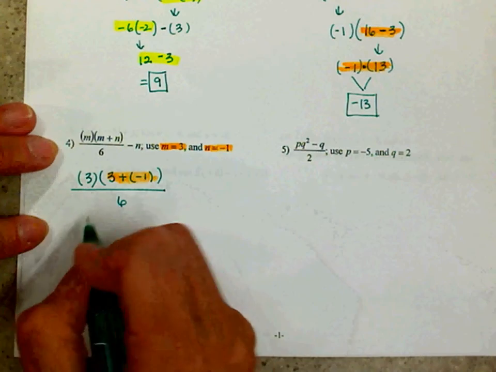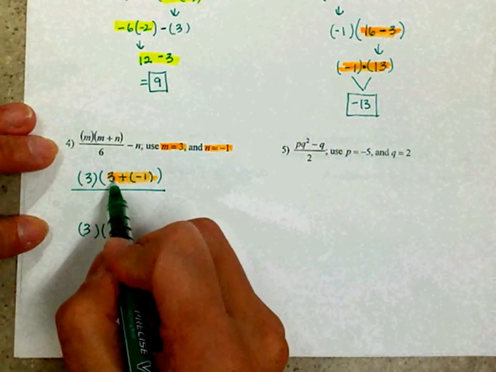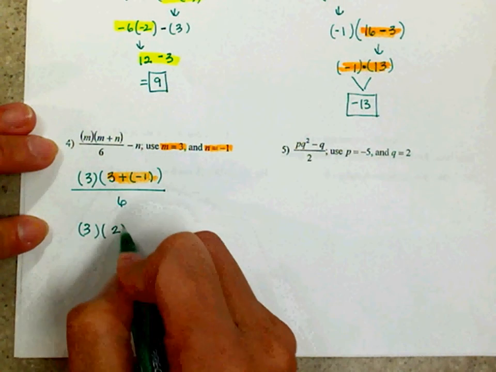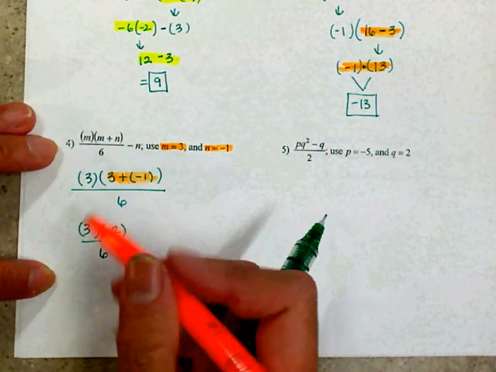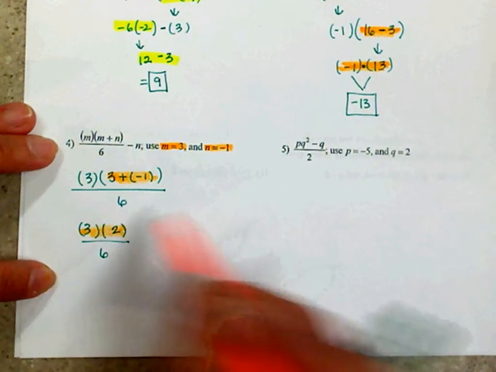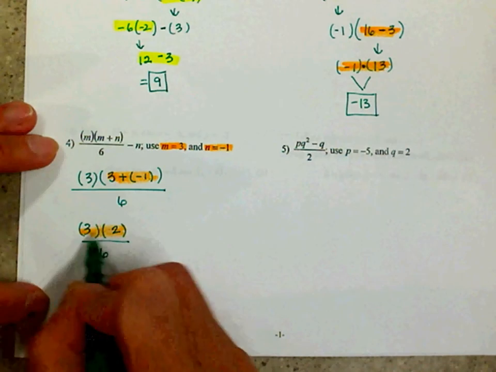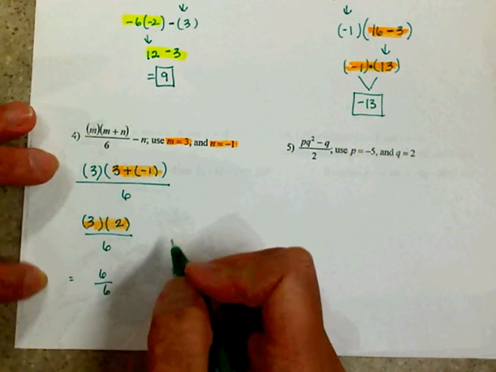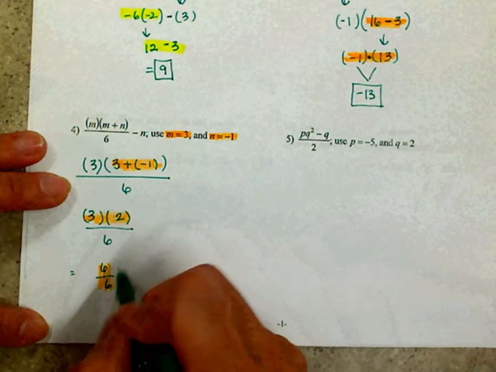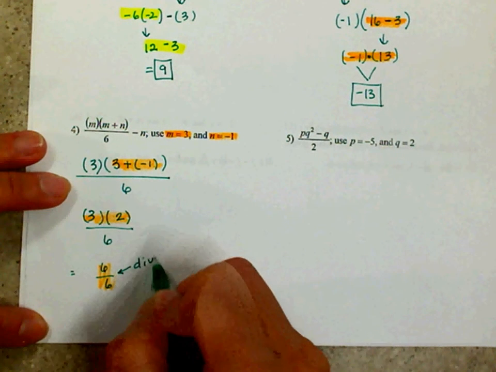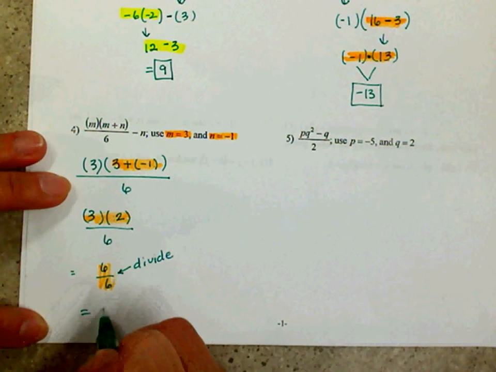So 3 plus negative 1 is 2 divided by 6. Next step, multiply those first. 3 times 2 is 6. 6 divided by 6. And then you divide. That symbol is to divide. So 6 divided by 6 is 1.